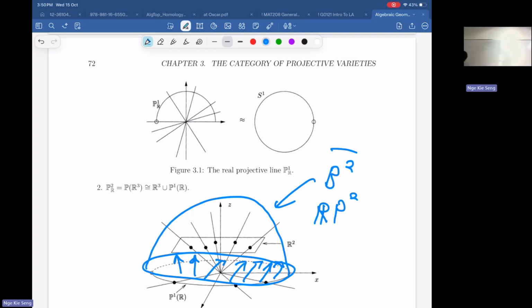RP2 is like a cap, with this boundary identified with the antipodal point. On this circle, you have to identify the two points on the same line. So RP2 actually is a cap with this boundary identified with its antipodal point.